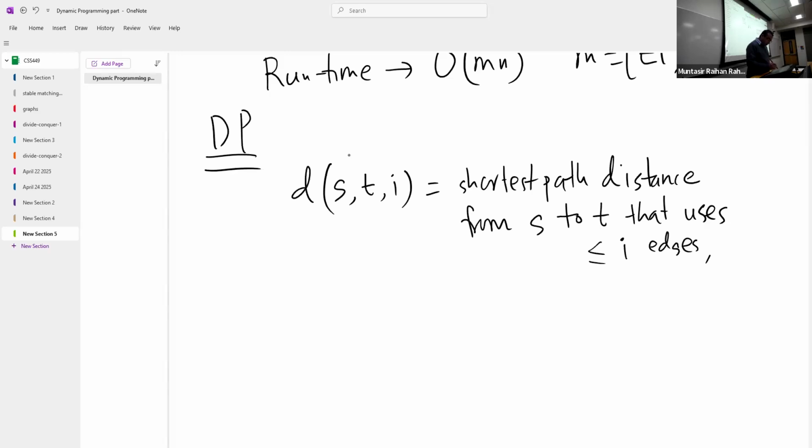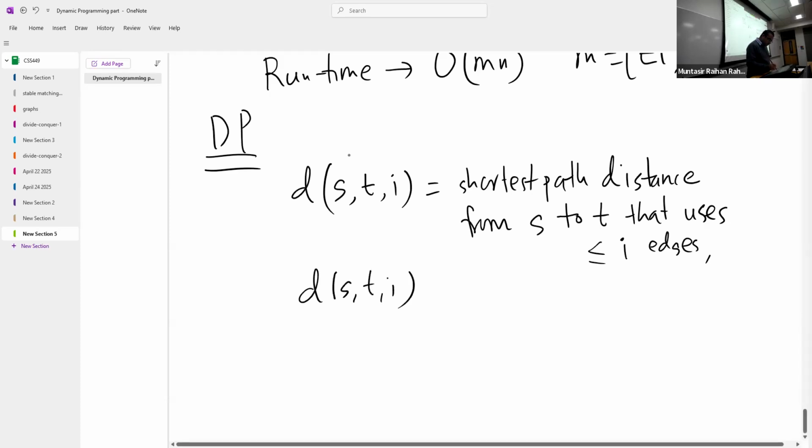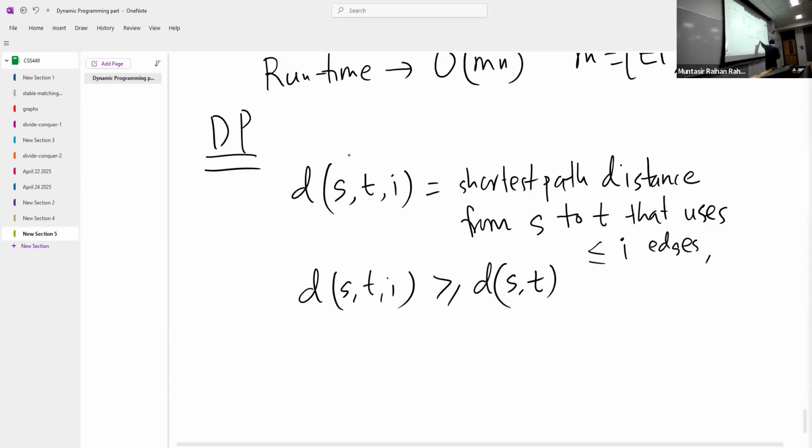In general, d(s,t,i) is always going to be greater than or equal to the actual shortest path between s and t. d(s,t) will represent the final answer that I'm trying to get at for all nodes t. But we are using an intermediate value, and this will help us define a recursive strategy.